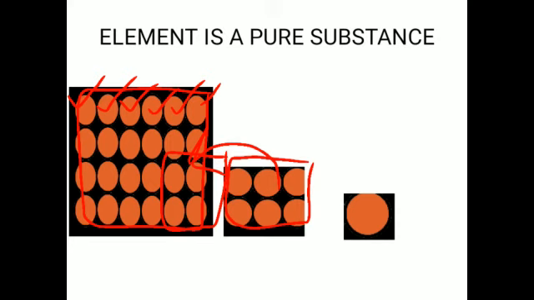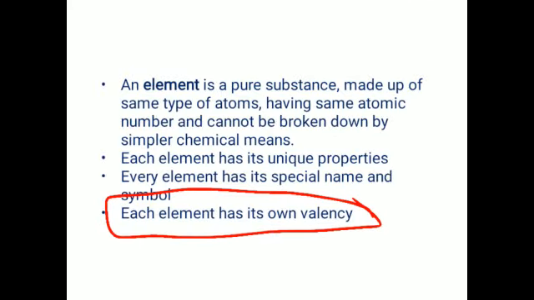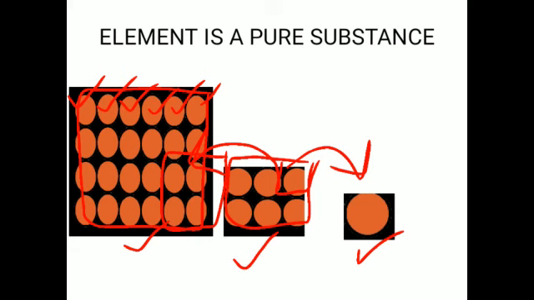All the atoms are identical. It's only a physical separation. And when I further take one piece aside, you see all these collections have the same kinds of atoms or building blocks. So the basic definition of an element is a collection of the same types of atoms. All these atoms are identical in their physical and their chemical properties.